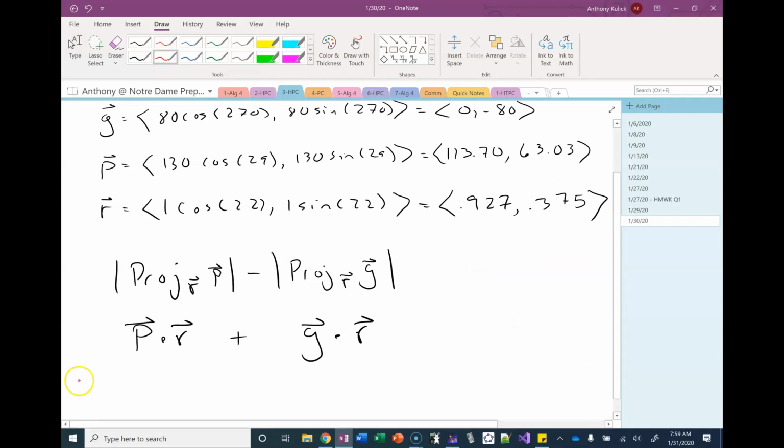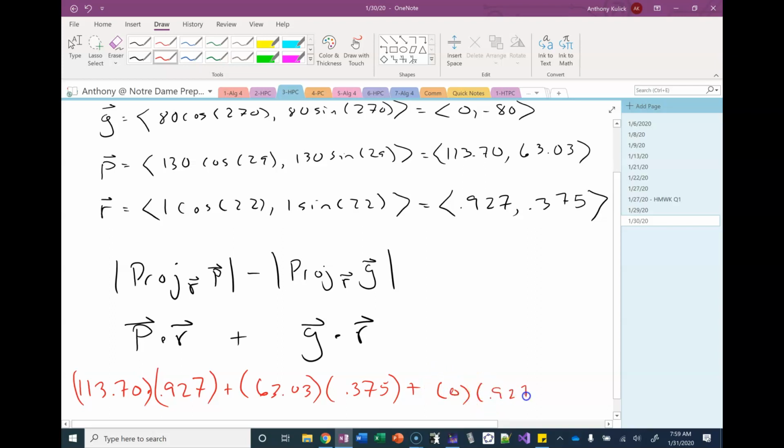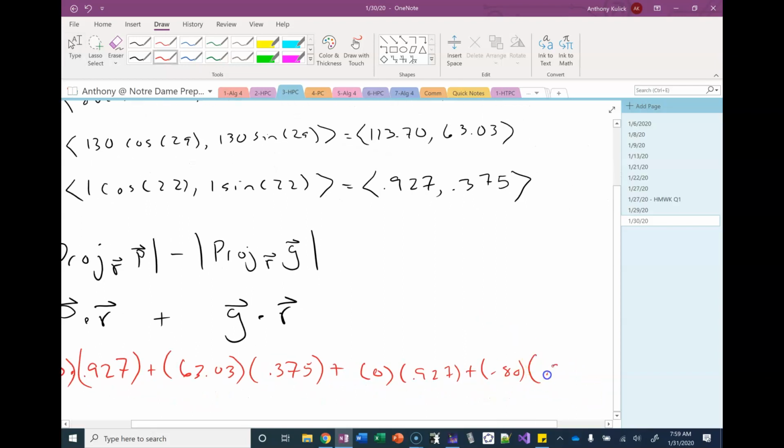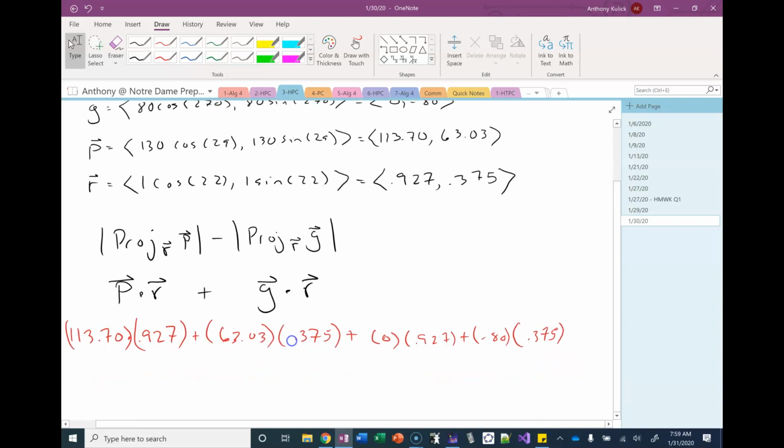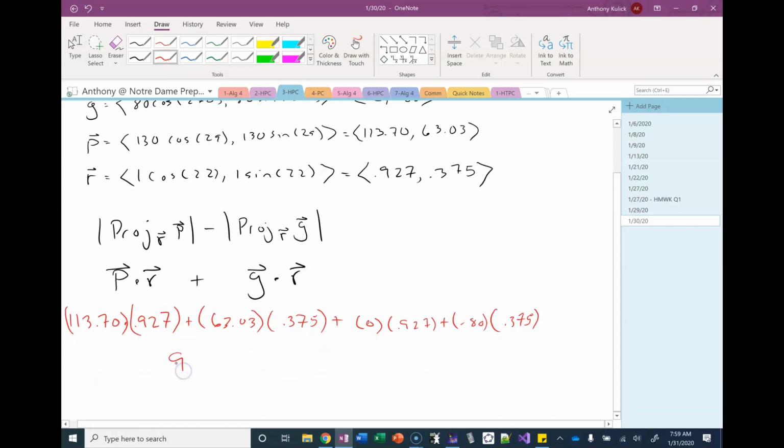So here I'm going to have 113.7 times 0.927 plus 63.03 times 0.375 plus, and then the other one is going to be 0 times 0.927 plus negative 80 times 0.375. And when I crunch those numbers, I should get that 99.06 that I advertised.